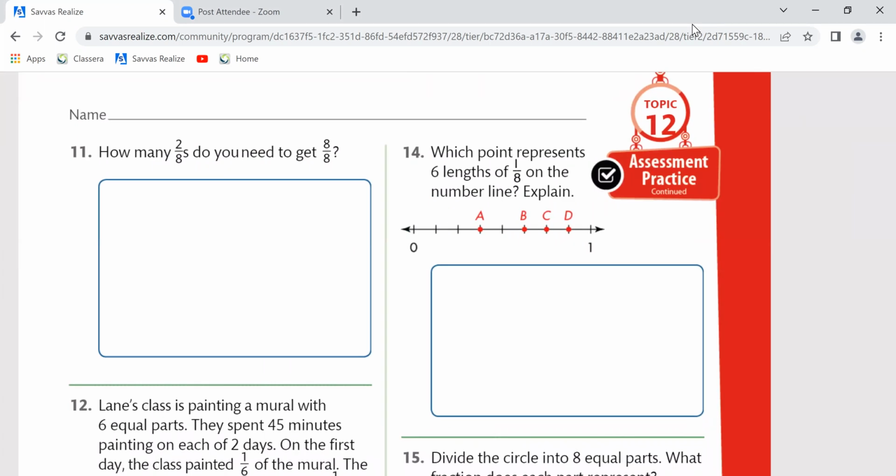Okay, the question is how many 2 out of 8? How many 2s do you need to get 8? You have 2. You need to get 8. Let us draw to get to 8.